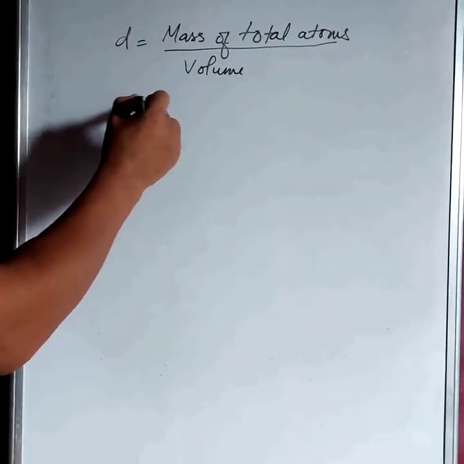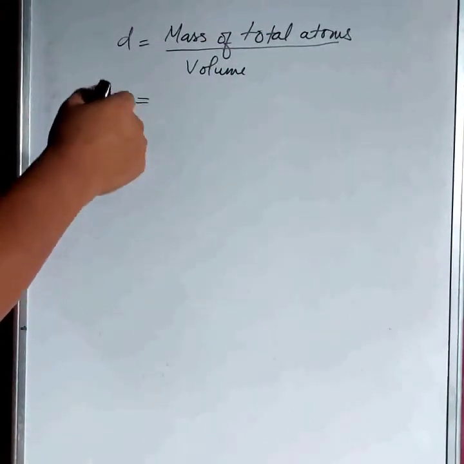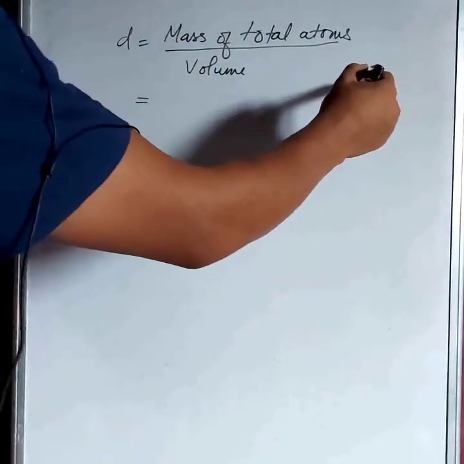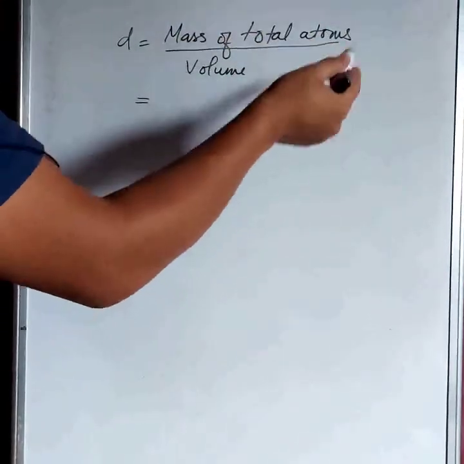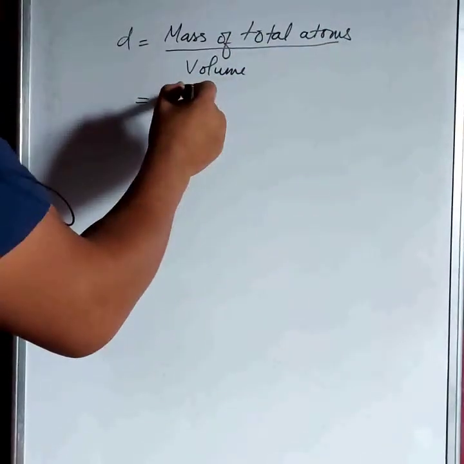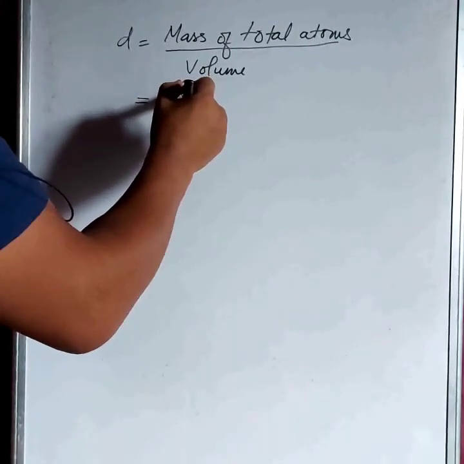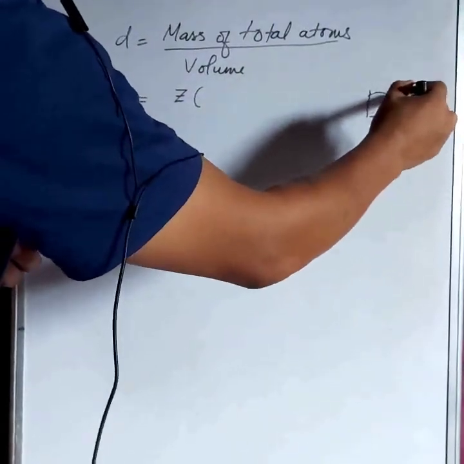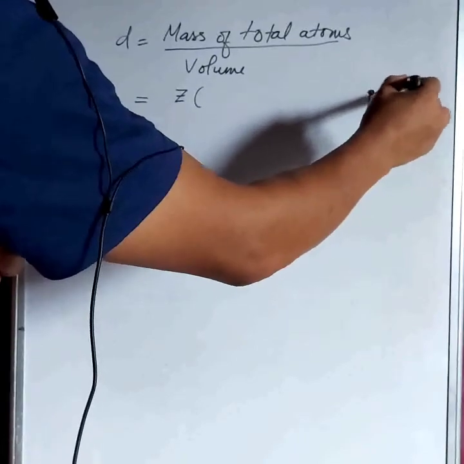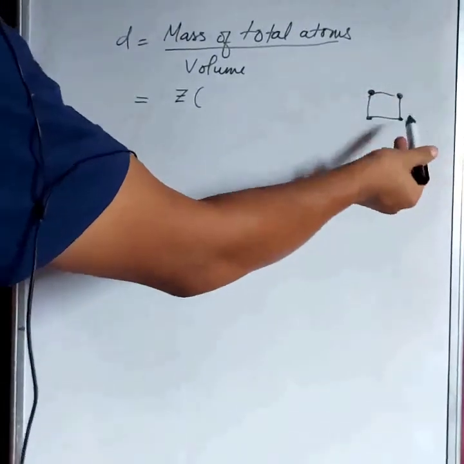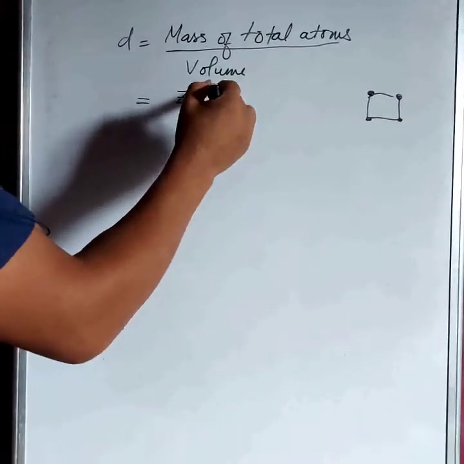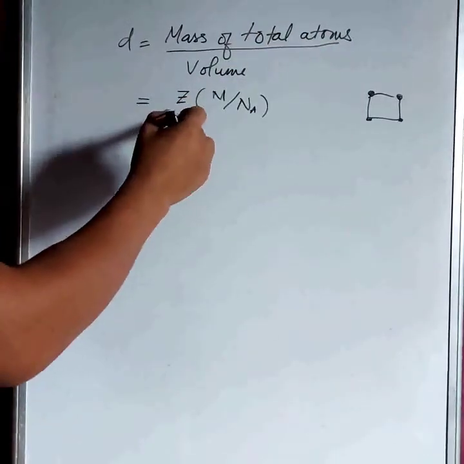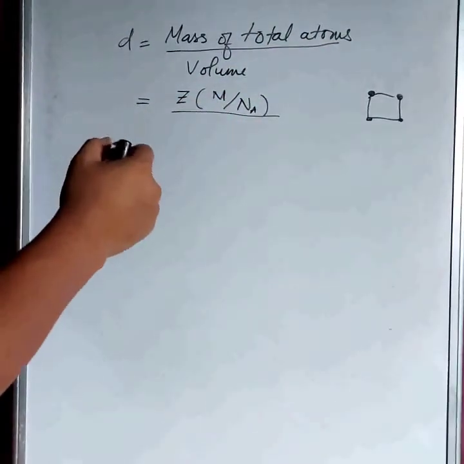Now the mass of total atoms should be given by, suppose for a simple cubic system, the contribution of atoms is just 1, and the contribution of atoms is denoted by the letter Z. Suppose each atom will have different masses. If it's a hydrogen atom, it will be different; chlorine, carbon, will have different mass. So molar mass divided by Avogadro's number will give the mass of that particular element, and then over the volume.